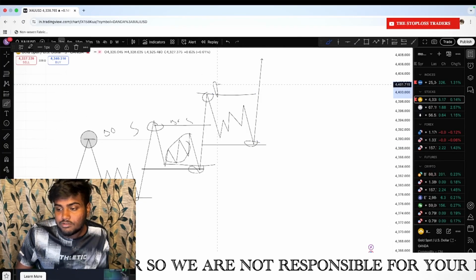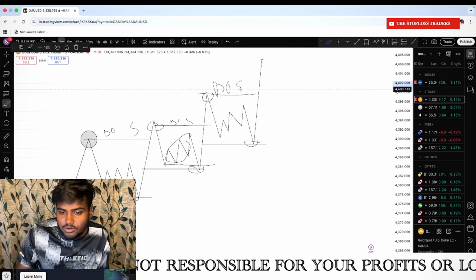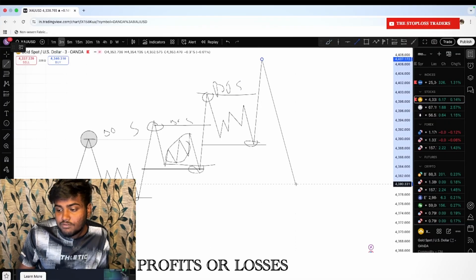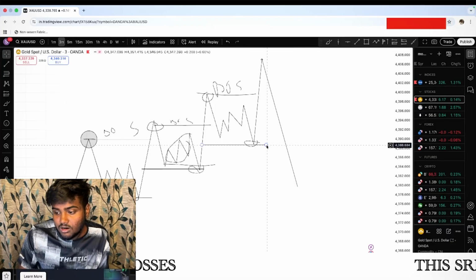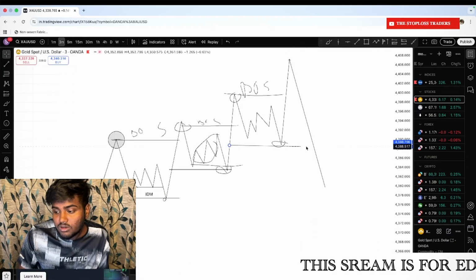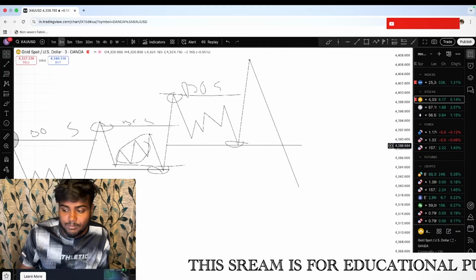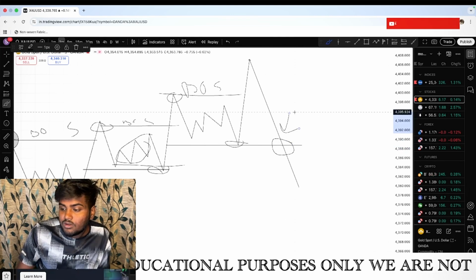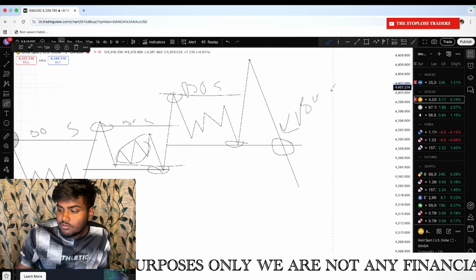After a break of structure, you can see over here that the price came and broke the last confirmed low, then this zone is considered the break of structure over here.